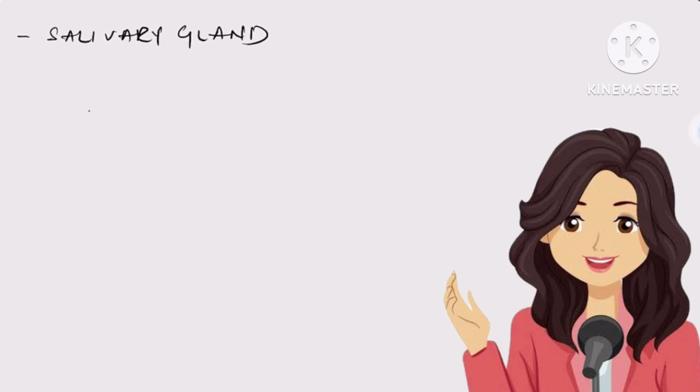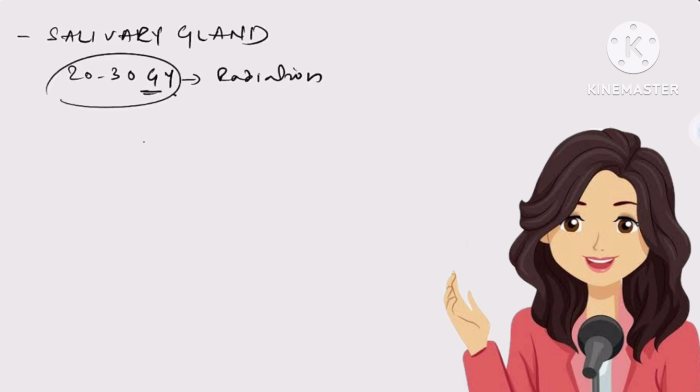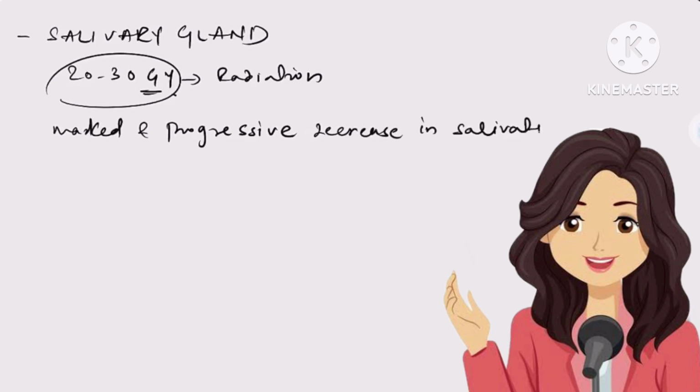It is unavoidably exposed to 20 to 30 gray radiation, and then there is a marked, progressive decrease in salivation seen. In the first week of radiotherapy, you see the saliva getting decreased.